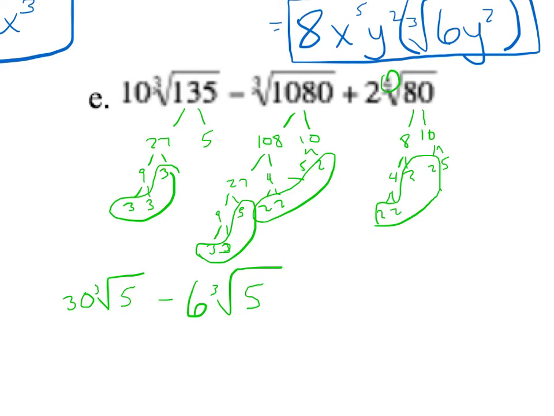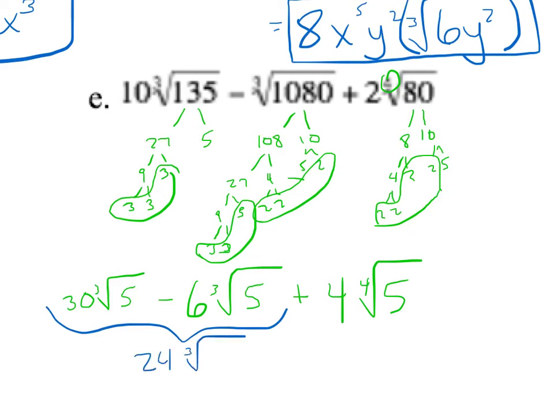Be careful, this is a 4. All these other ones are 3's. So plus 4, 4th root of 5. And you cannot combine a cube root and a 4th root. You can, however, combine these two. This is going to be 24 cube root of 5, and then this just comes down.